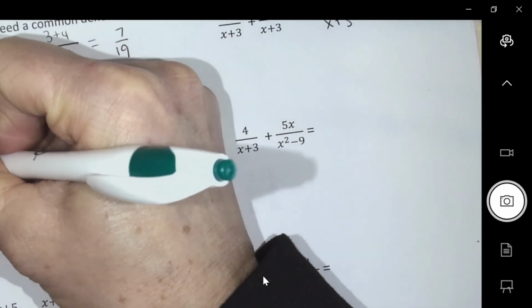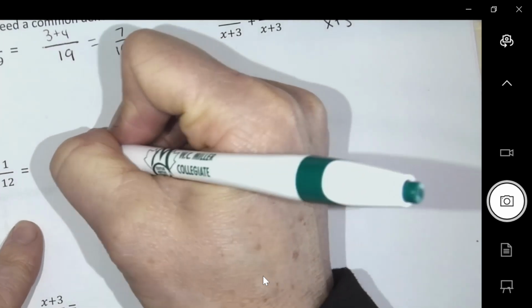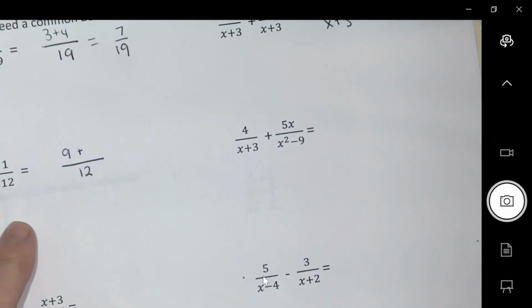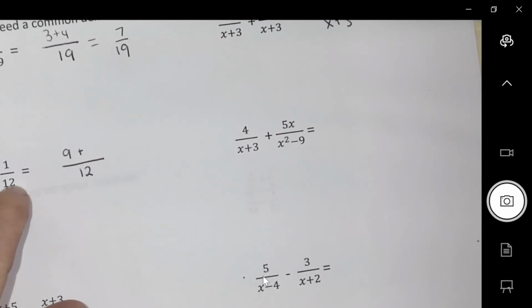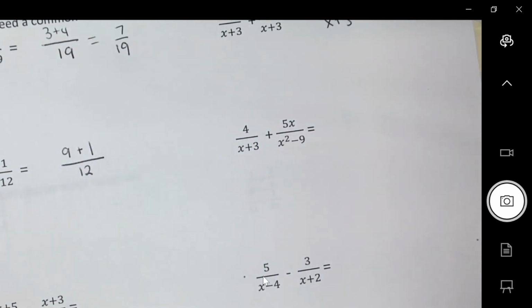Therefore, I also multiply the top by 3. Whatever I do to the bottom, I have to do to the top. So 9. I did nothing to 12, so I do nothing to the 1.